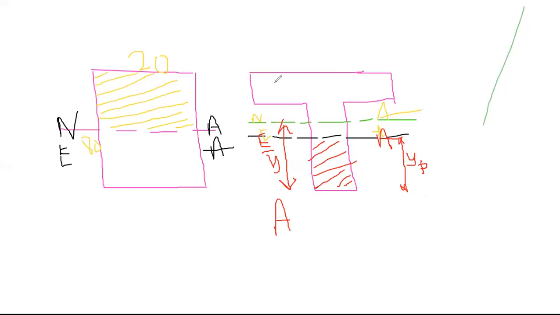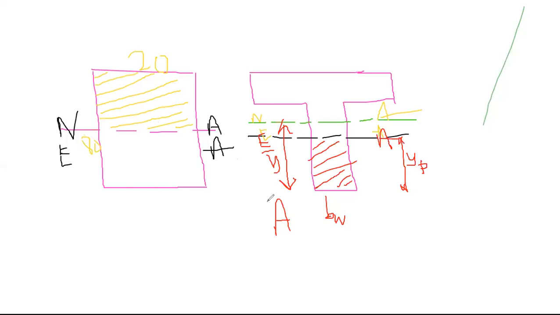If total area is A, and if I ask you to calculate this one, let us say this is BW, maybe 200, something like that, BW into YP should be equal to A by 2. Here they are coinciding.